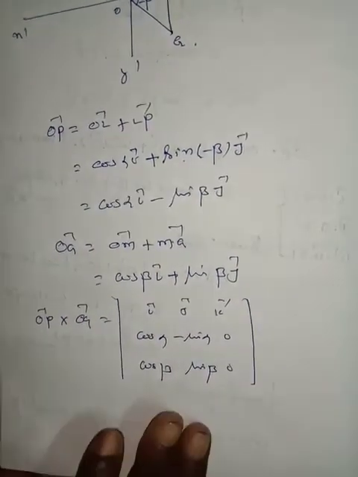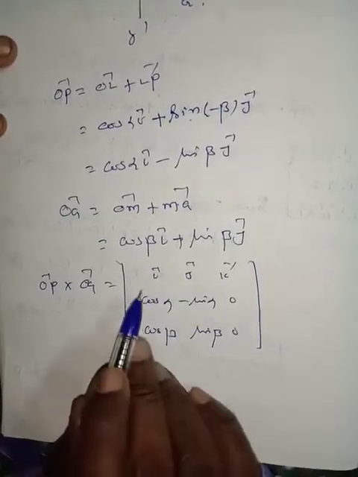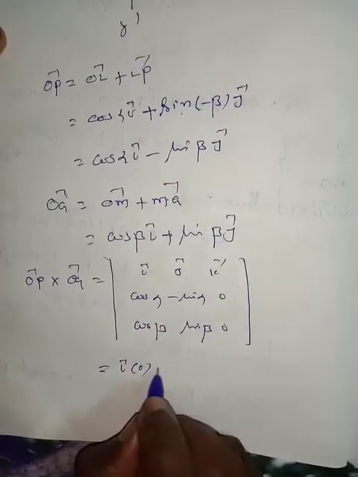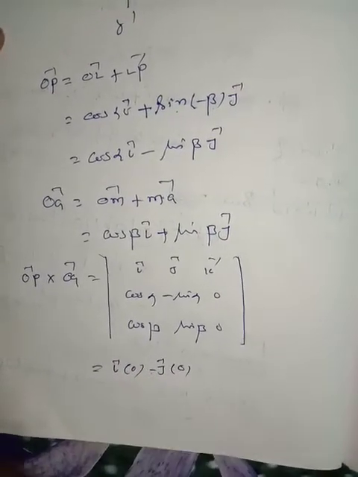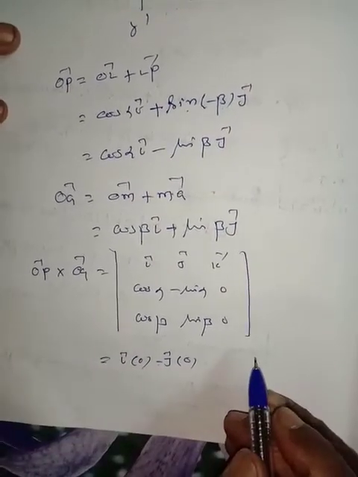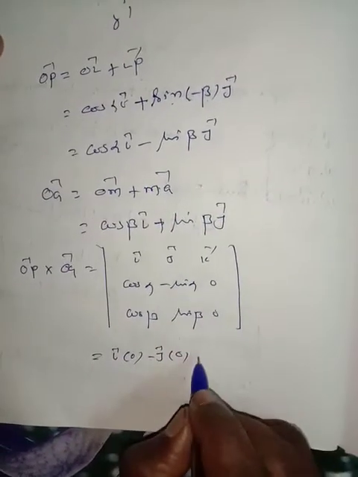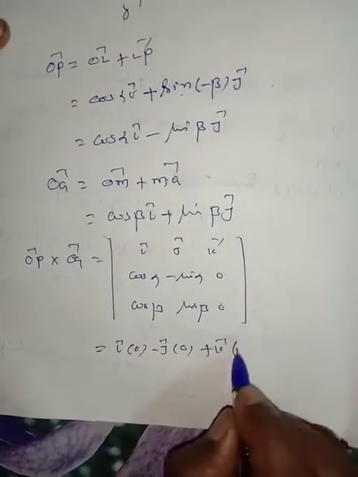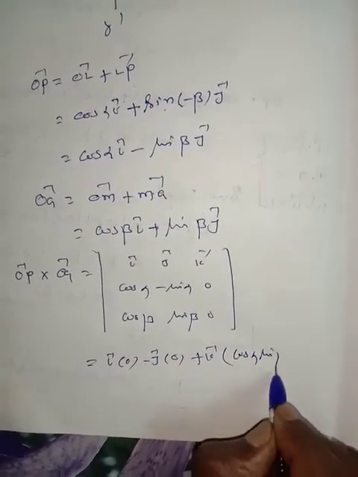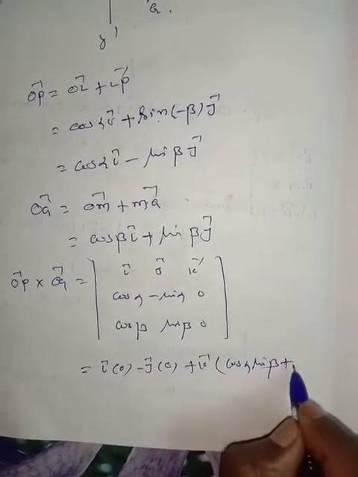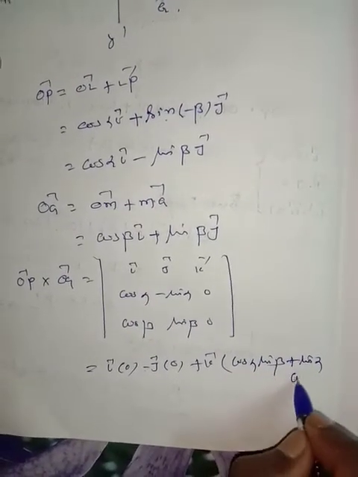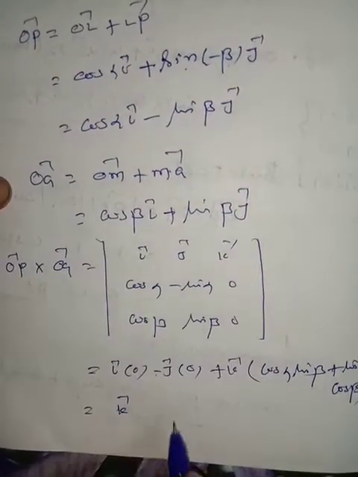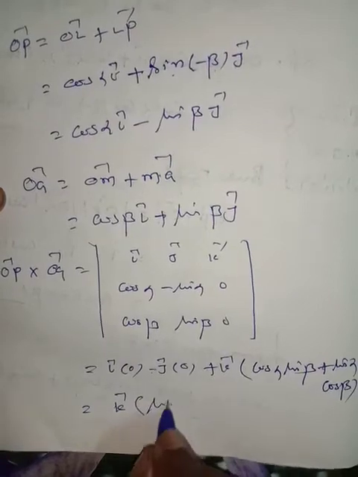Finding the determinant value: first i vector into 0 minus j vector into 0, next plus k vector into cos alpha sin beta minus of minus, positive, sin alpha cos beta.